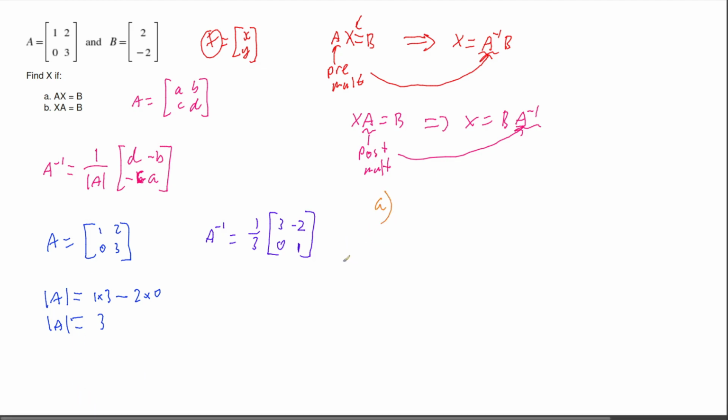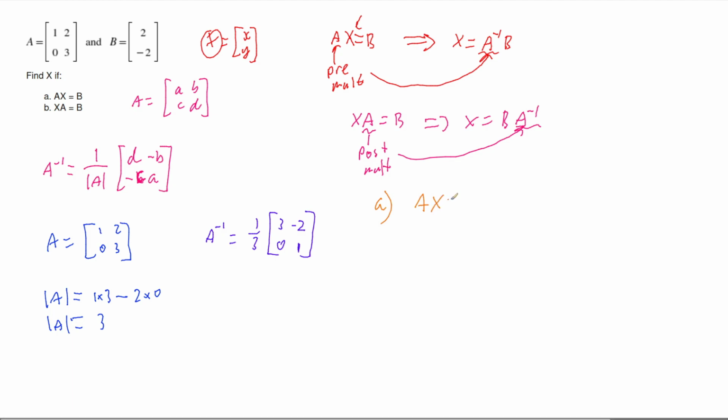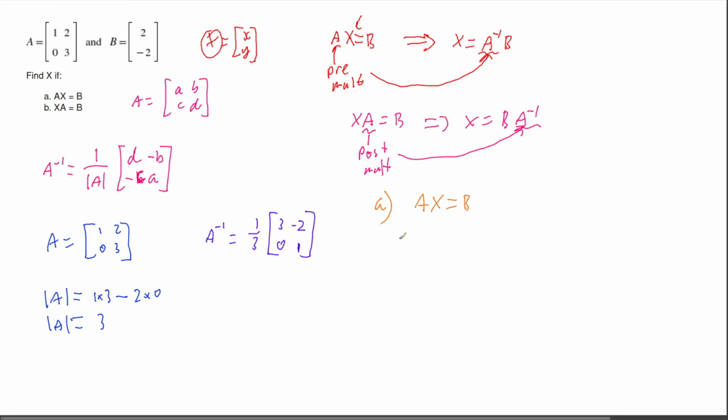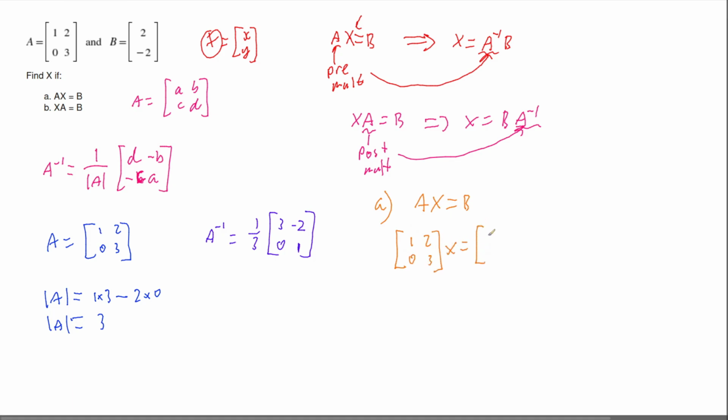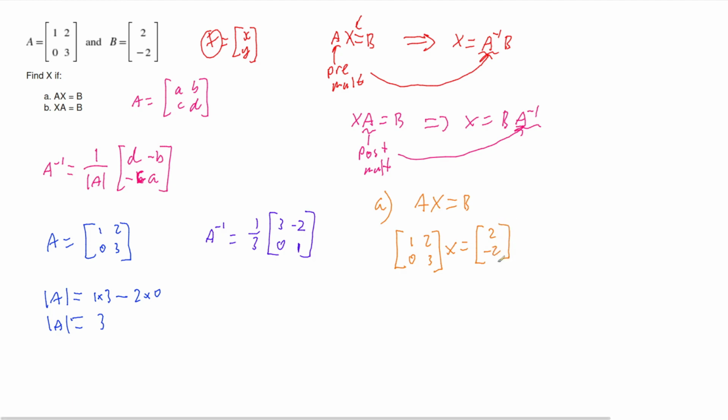For part A, where I've got AX equals B, if I write it out, that's 1, 2, 0, 3 times X equals our matrix B, 2, negative 2.